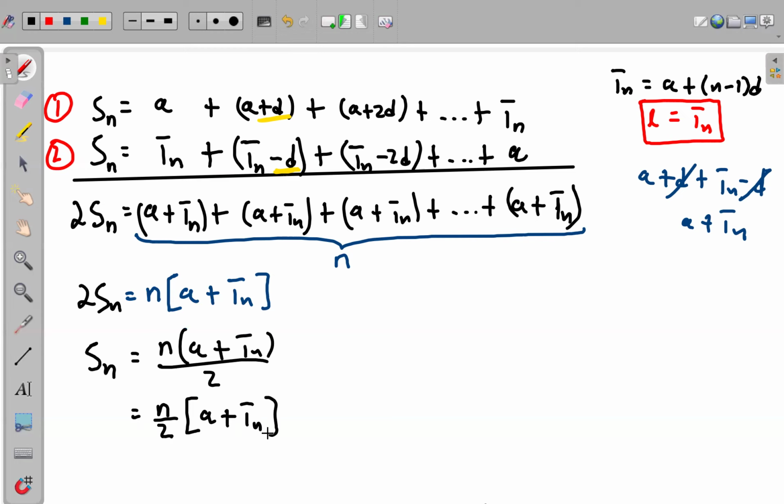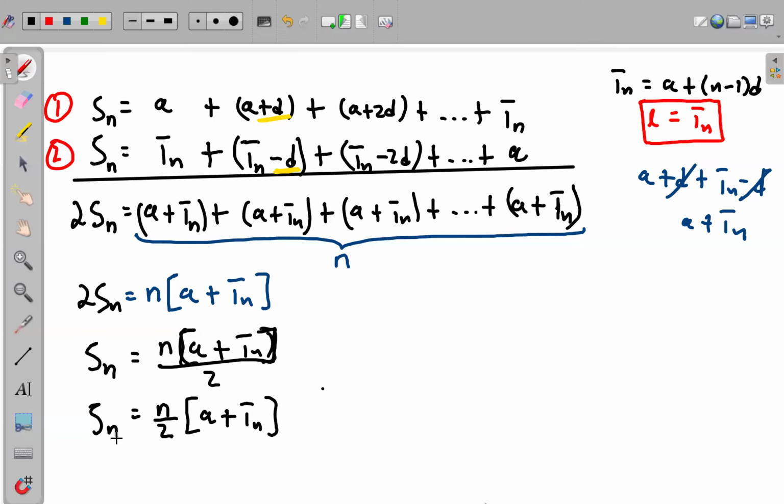Never mind me using square and round brackets. But for consistency, maybe let me just stick to square brackets. Okay, so these are exactly synonymous. Now, what I'm going to do is very simple. I'm going to substitute A plus N minus 1 times D in the place of Tn because we know the formula for Tn.